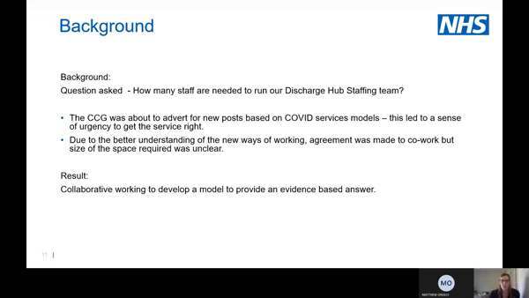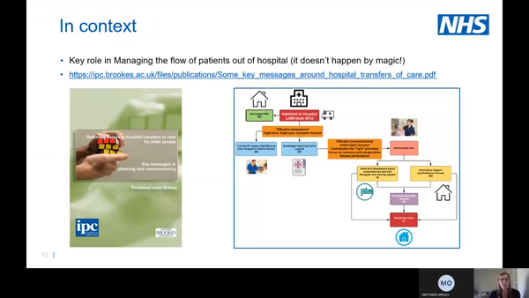So we contacted the demand and capacity team and said, this is a problem, can you help? And we created some collaborative work together, and this involved the acute, the community and social care. So what we did know was the work from John Bolton, and he talked about the services that were required in the community.